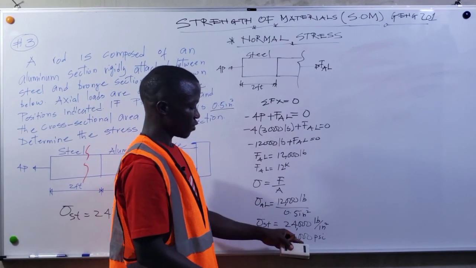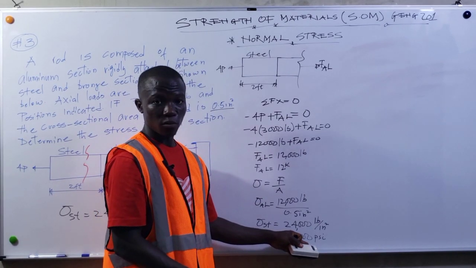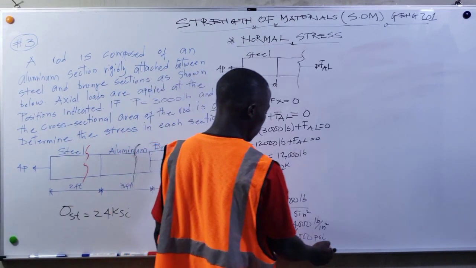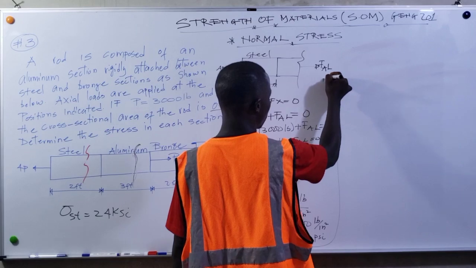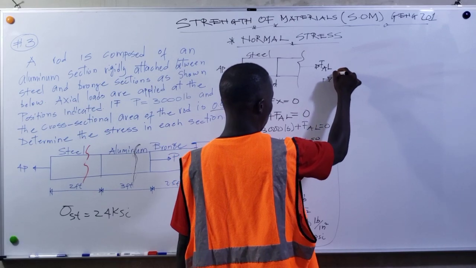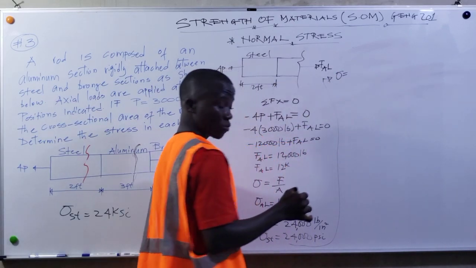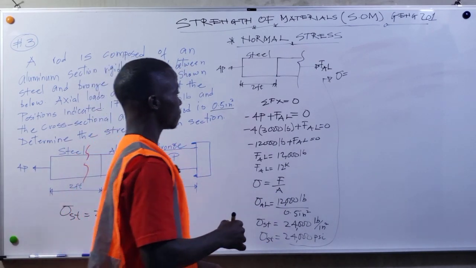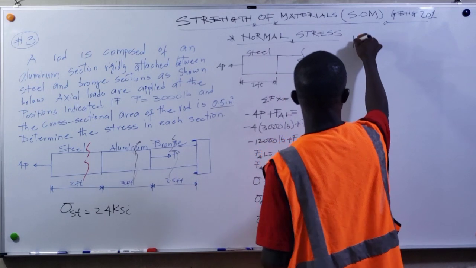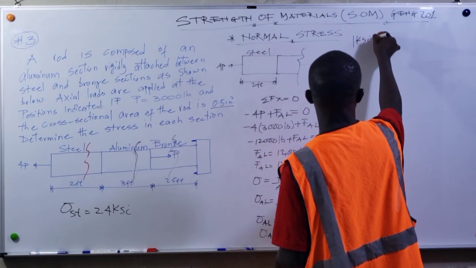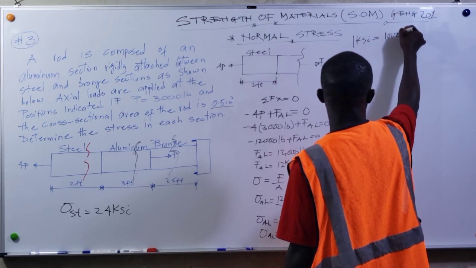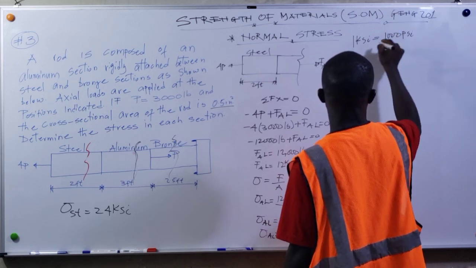We want to convert this also to kilopound per square inch. So know that 1 ksi is equal to 1000 psi.